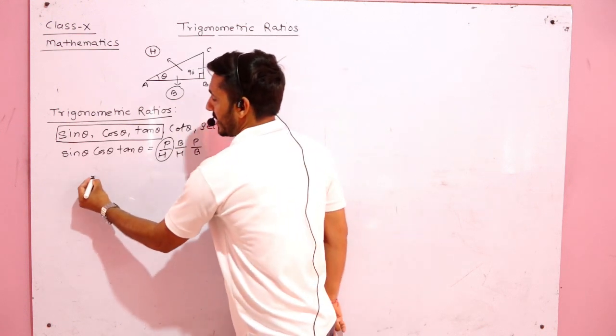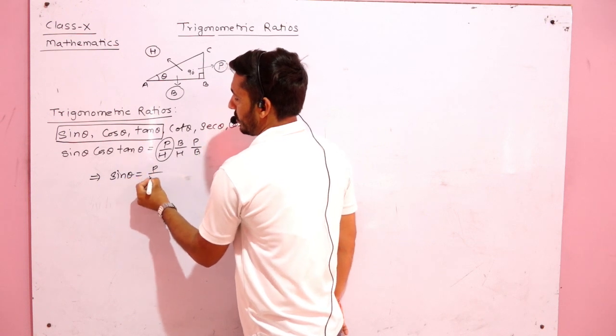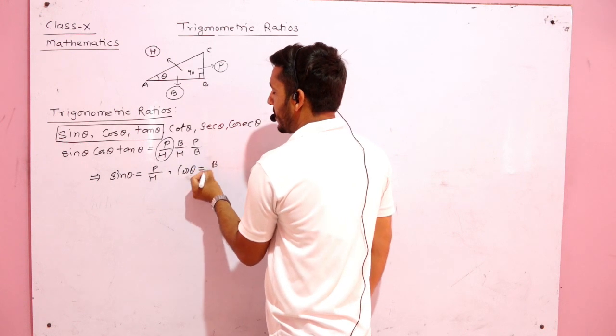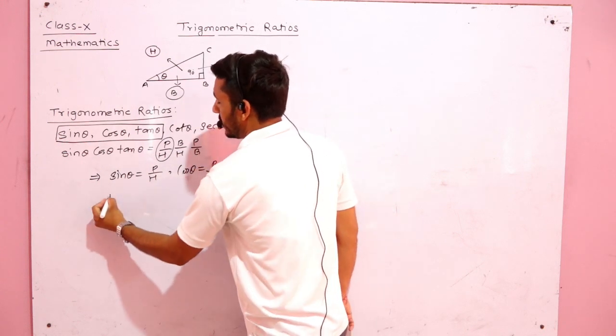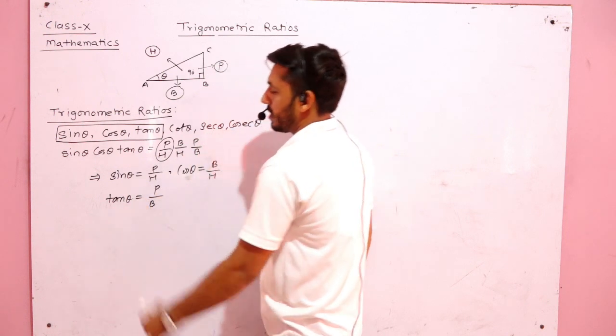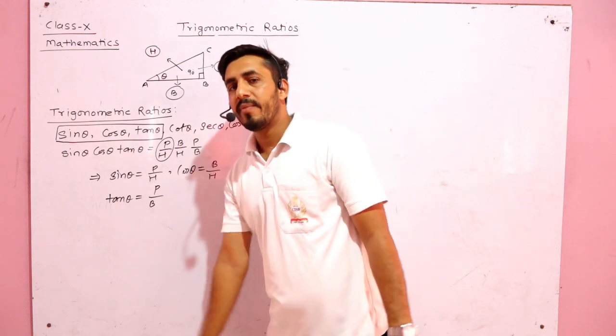Then sin theta is equal to P upon H, cos theta is equal to B upon H, and tan theta is equal to P upon B. All the three relations we have to remember.